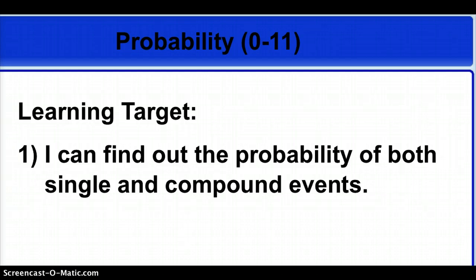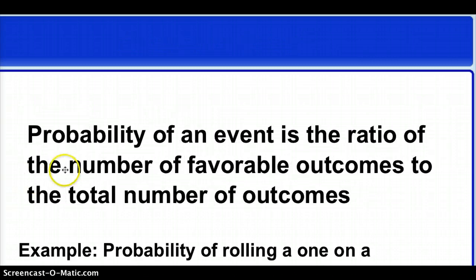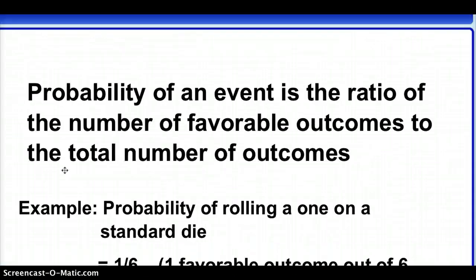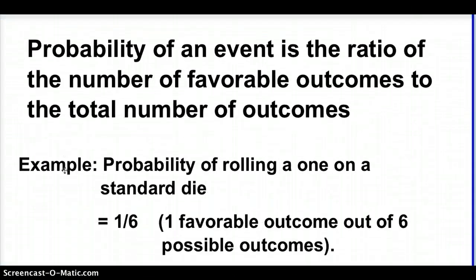Okay, so let's look at the probability of an event. It's going to be the ratio of the number of favorable outcomes to the number of total outcomes. So for example, if you have say a regular die, the probability of rolling a 1 is going to be, there'd be one possibility of rolling the 1.